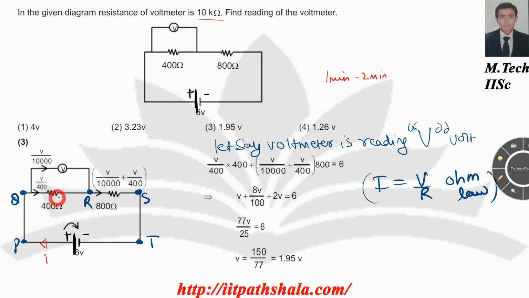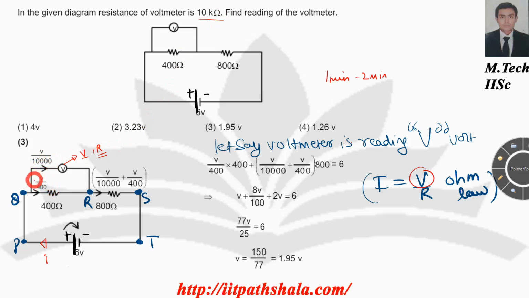As you can see, this 400 ohm resistance is carrying the same voltage as this voltmeter over here. So let's say this voltmeter is reading some voltage V, and because it has a resistance R which is 10 kilo ohm, by Ohm's law V equals IR, and I in my voltmeter is nothing but V by R. So V upon 10 into 10 to the power 3, okay, so 10,000 ohms.